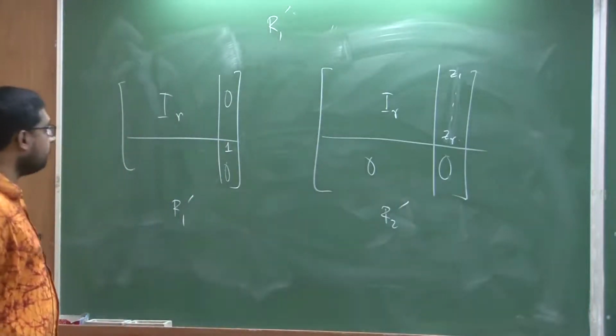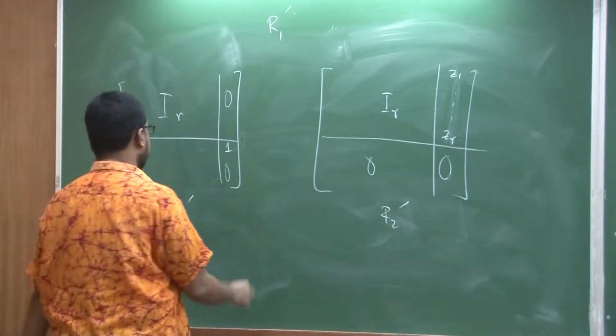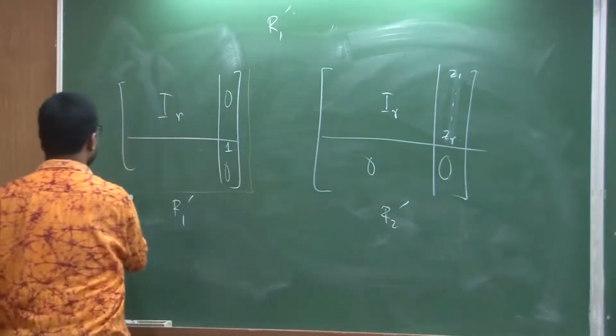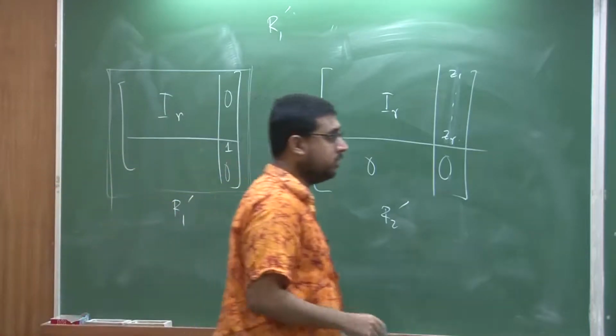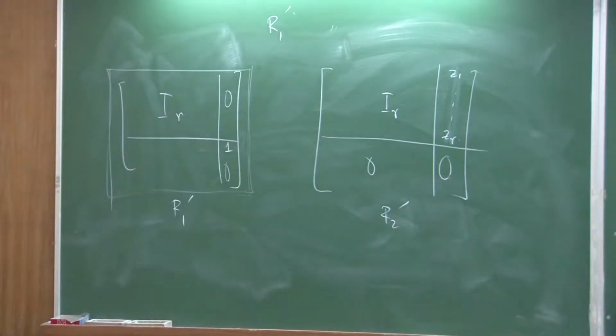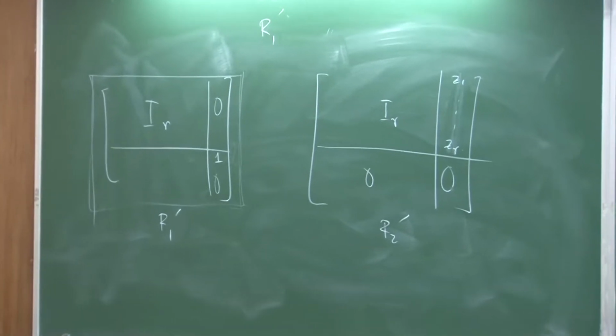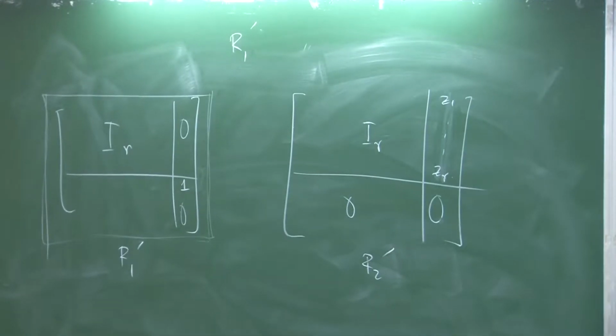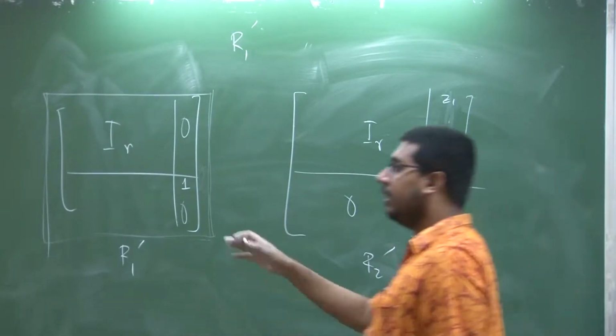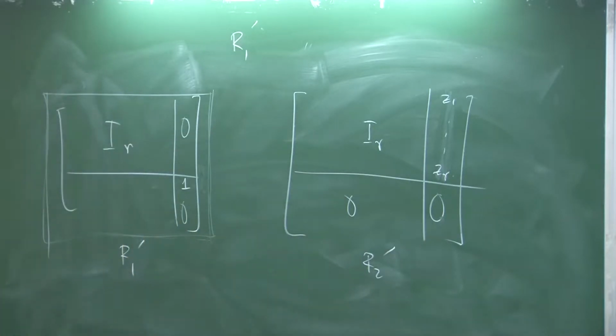Now, that is a very good situation, because this is a matrix having at least 2 columns, because in the beginning we have observed that the disagreement cannot happen at the first non-zero column. In fact, the first non-zero column of both the matrices will be 1 0 0 0, because if R1 dash is 0 and R2 dash is non-zero, then certainly R1 and R2 cannot be row equivalent.